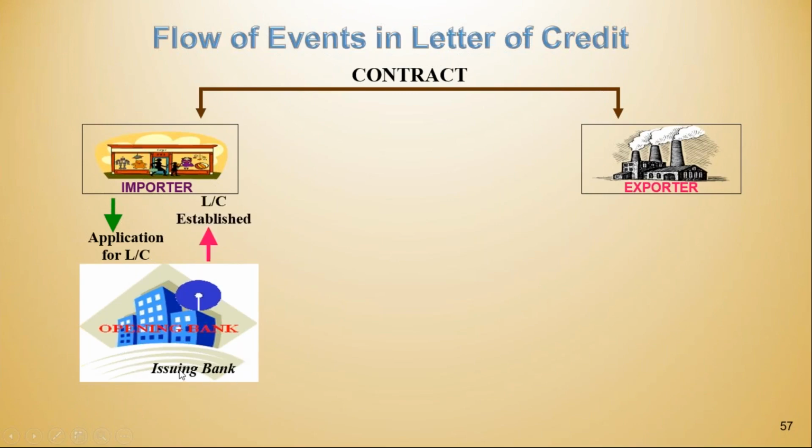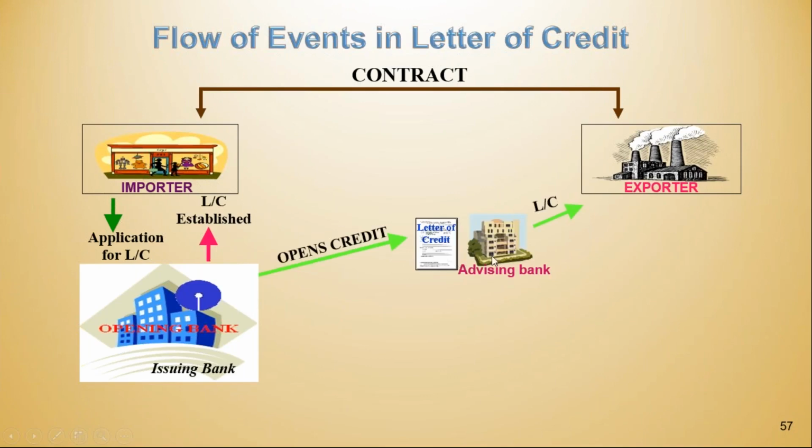Then the LC is issued, they establish the LC and send the importer a copy. Then the LC will be transmitted to the advising bank. The advising bank is generally located in the exporter's country. Suppose India is the exporter's country, the advising bank will generally be in India. And the importer, for example, is from Singapore, and he opens the LC from Singapore, then that Singapore bank is the issuing bank.